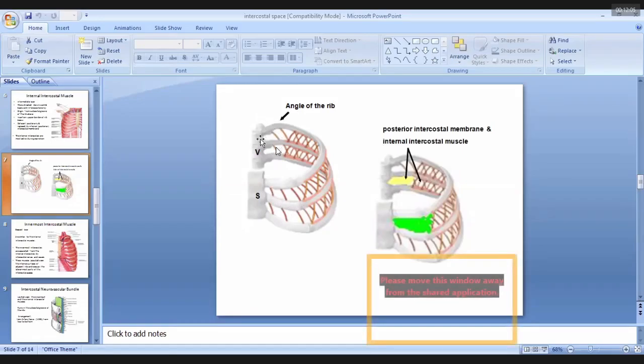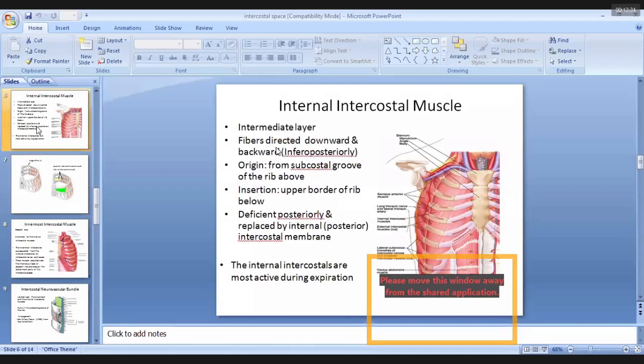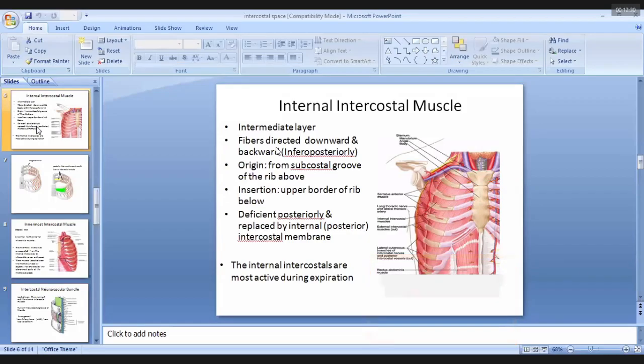It means the internal intercostal muscle is deficient posteriorly, and this space is replaced by a type of aponeurosis known as the posterior intercostal membrane, also known as the internal intercostal membrane. The internal intercostal muscles are more active during the process of expiration.